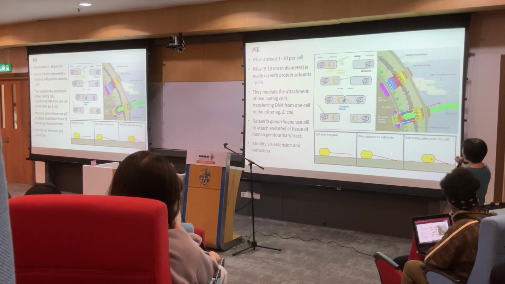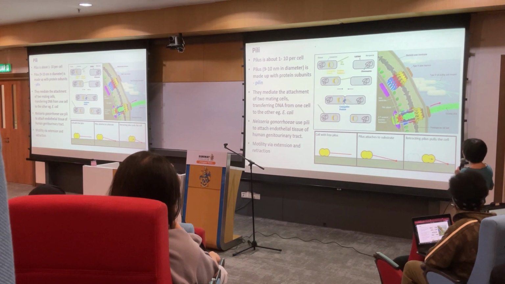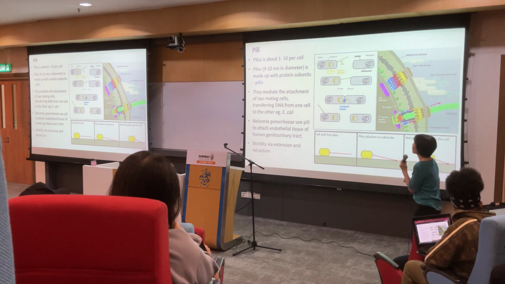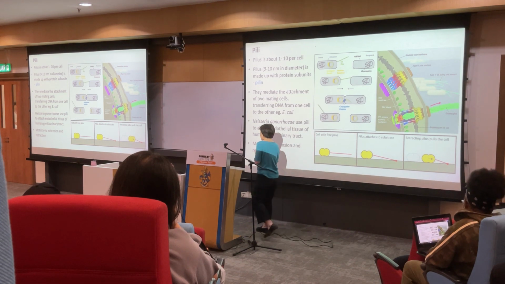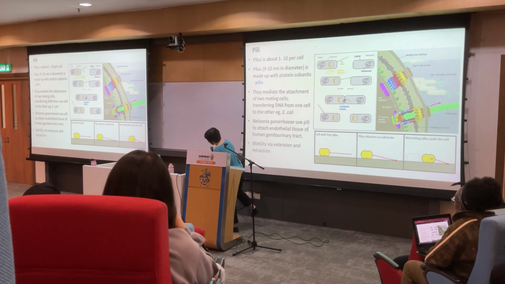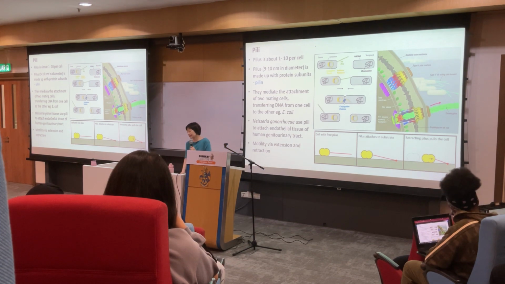When they retract, the whole cell is pulled. Then again they come to a new position and extend the pili again. You see how they move? They move in this way. So pili are not only used for conjugation, for mating, they are used for motility as well as attachment.